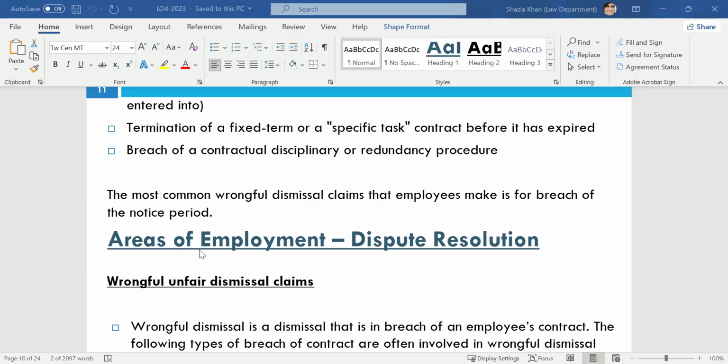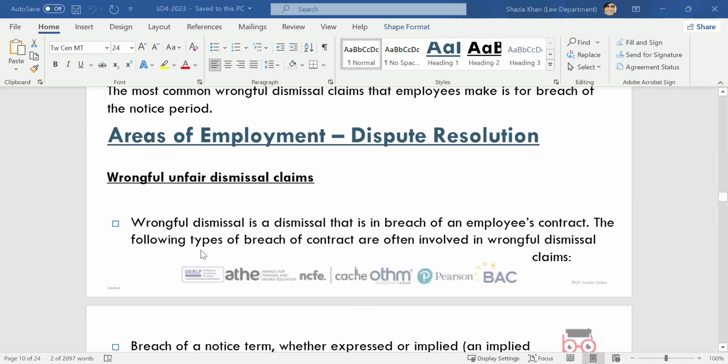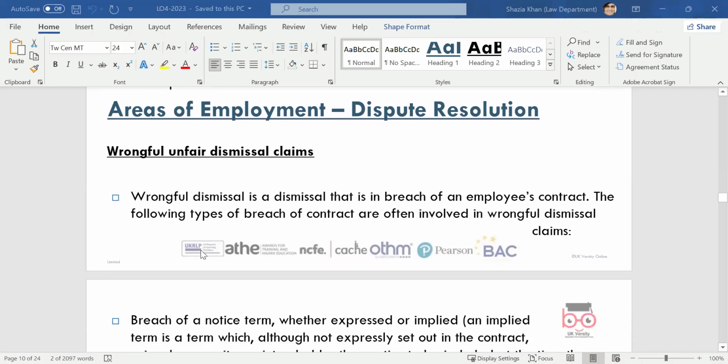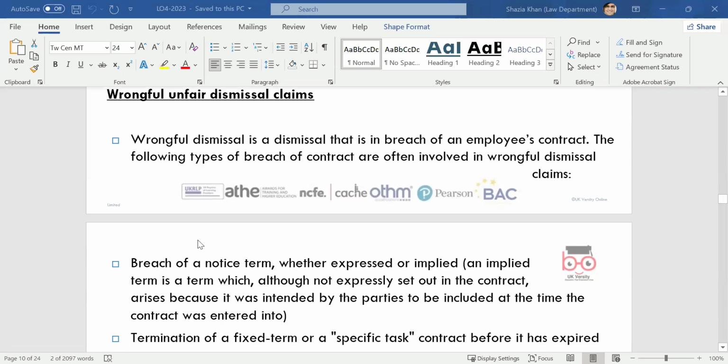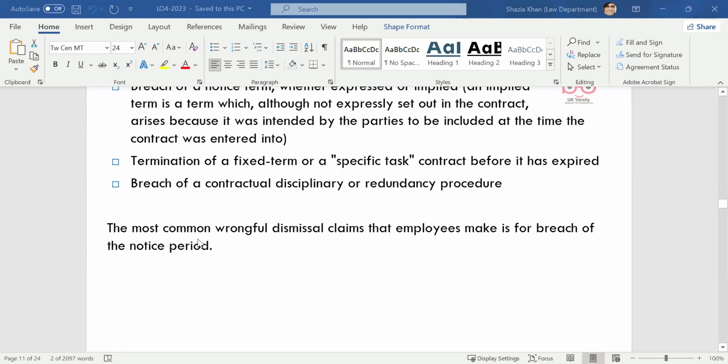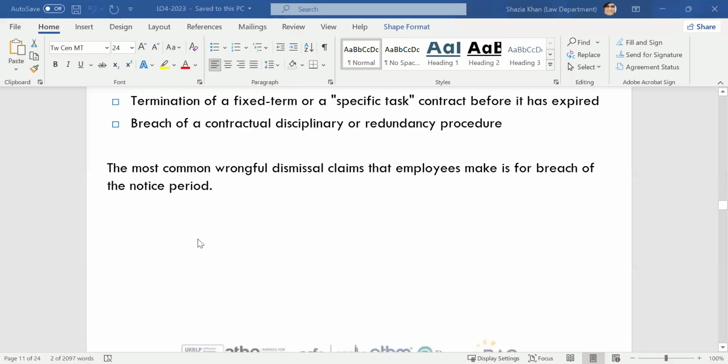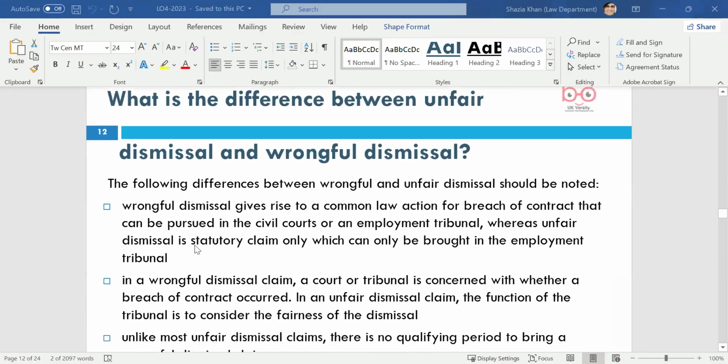So, areas of employment dispute resolution. Wrongful dismissal is a breach of an employer's contract, a breach of notice, and termination of a fixed term or specific notice. What's the difference between unfair dismissal and wrongful dismissal?